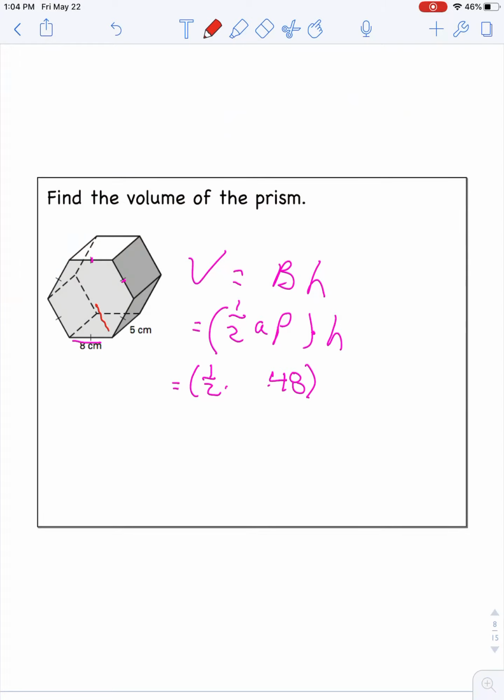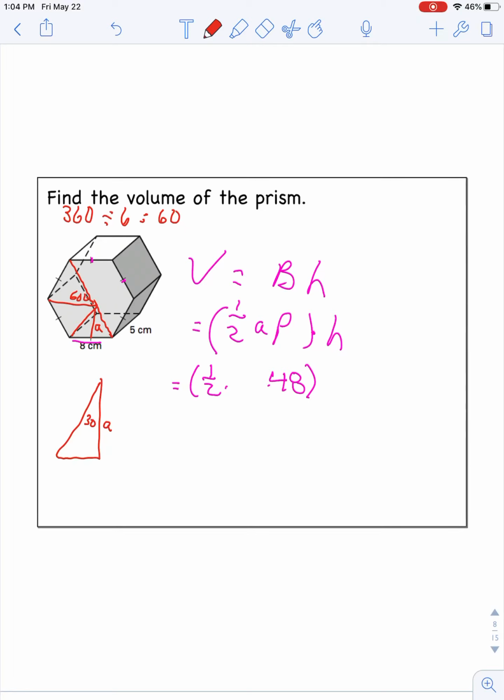Well, remember, in a regular polygon, it's made up of all these congruent isosceles triangles. And when we take 360 and we divide it by the number of triangles or angles, we get 60. So this is 60 degrees. So now, when I drop down this apothem that I'm trying to find right here, I have this triangle.